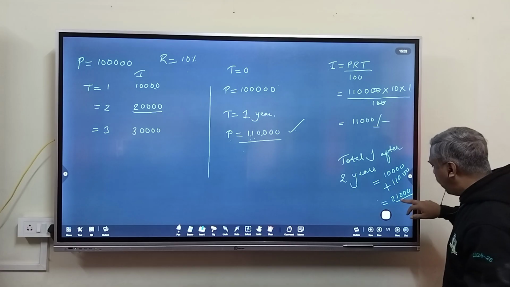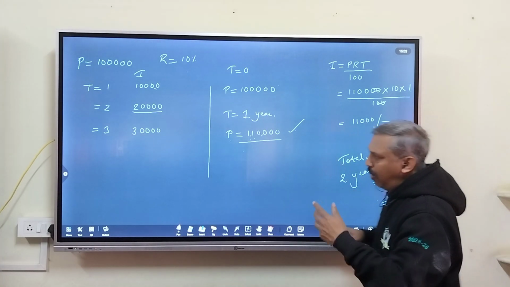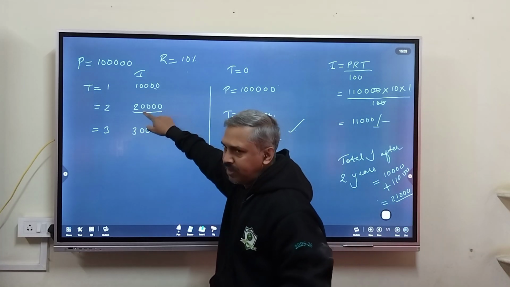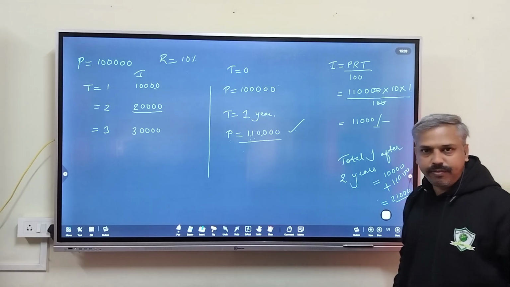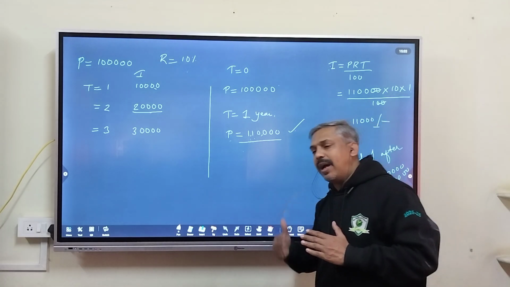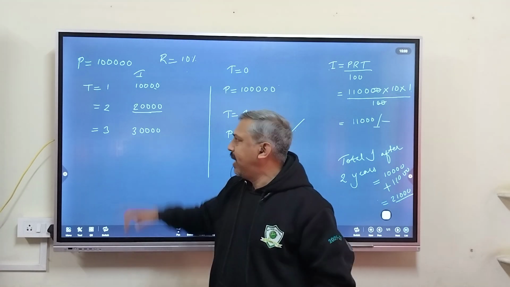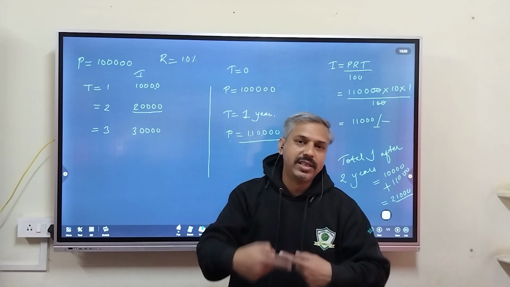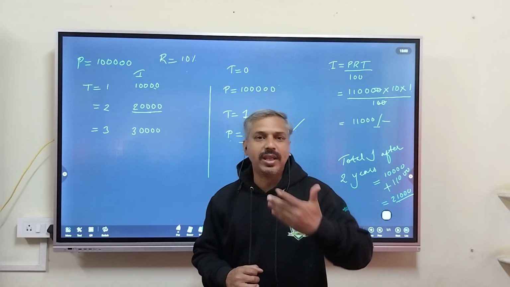And because of that, the total interest of 2 years in simple interest would have been 20,000. Here it is 21,000. So what has happened is that in compound interest, as the years go by, the interest paid every year increases. The interest to be paid in every year will increase.